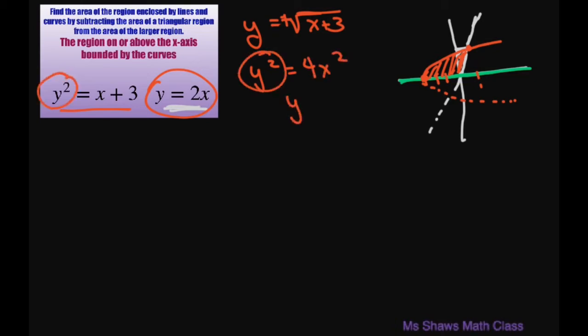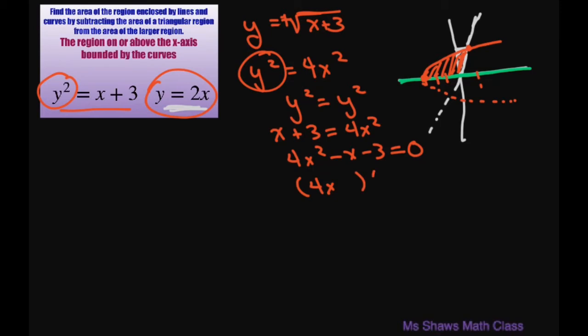Set y squared equal y squared, so we get x plus 3 equals 4x squared. So now we have 4x squared minus x minus 3 equals 0. This is going to give you 4x plus 3, x minus 1. So we get x equals negative 3/4, x equals 1.